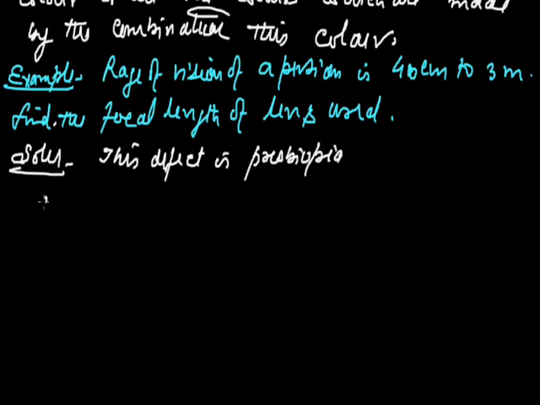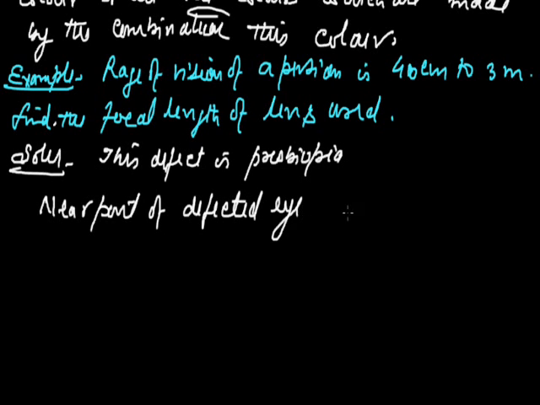The near point of the defected eye, that's D, is at 40 centimeter.